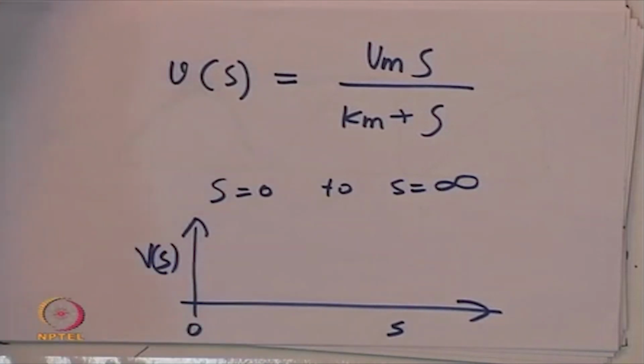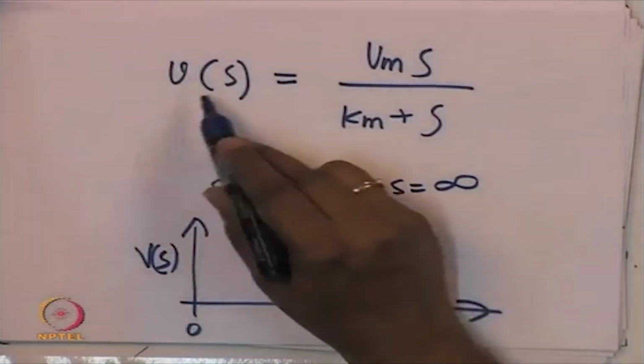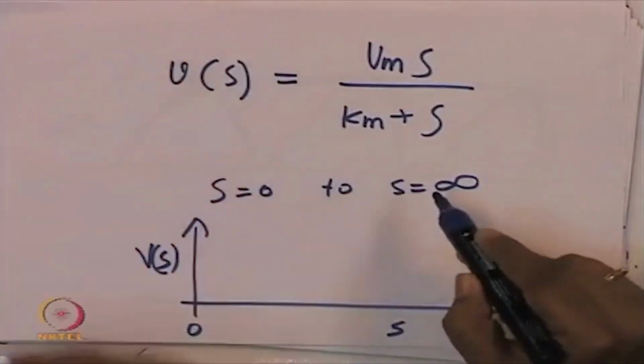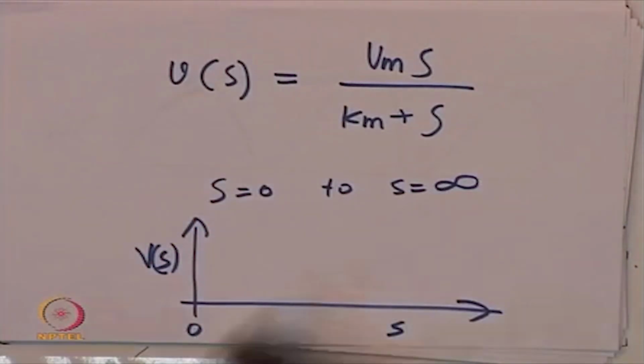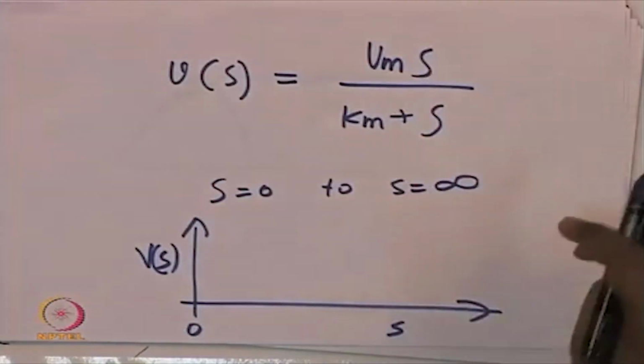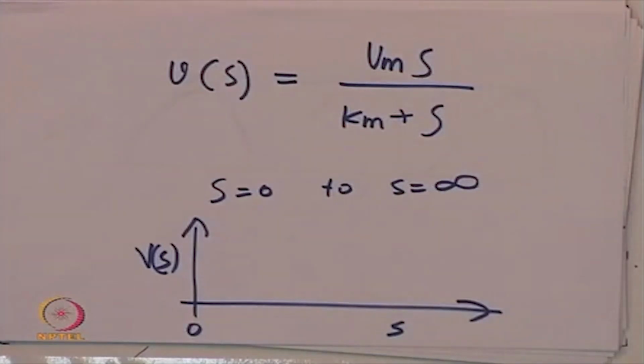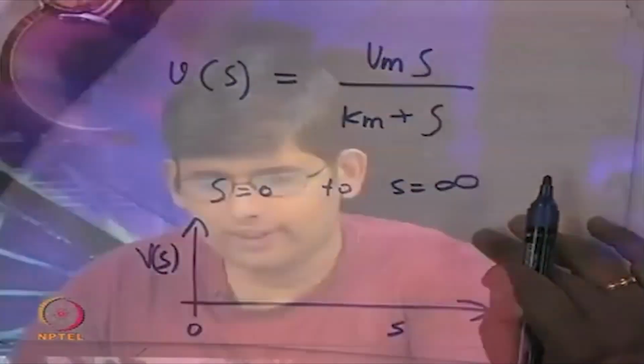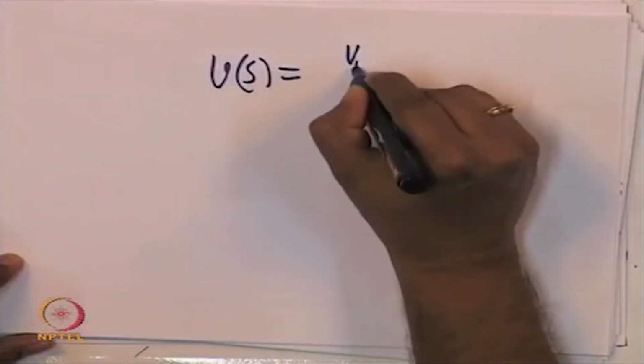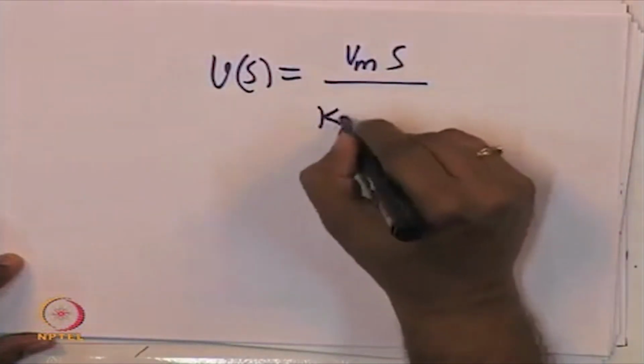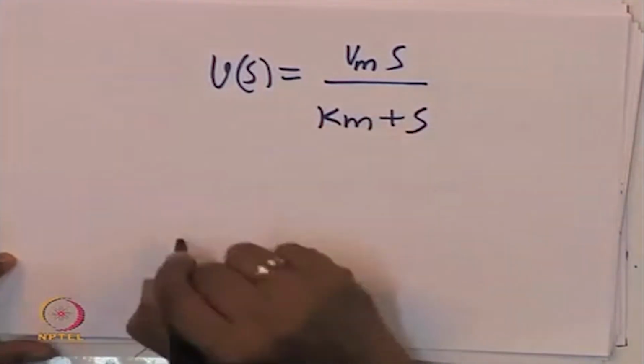The first thing we should know is the value of this function at s equal to 0 and at s equal to infinity. Let us look at s equal to 0 first. Our function is V(s) = Vm s / (Km + s).